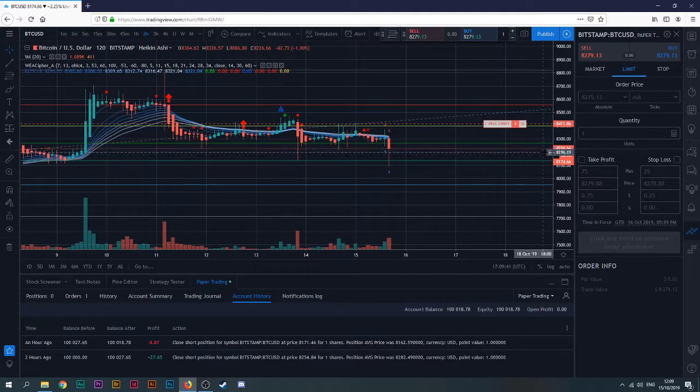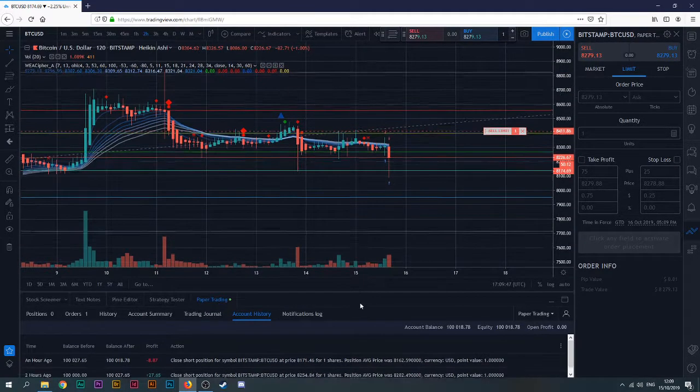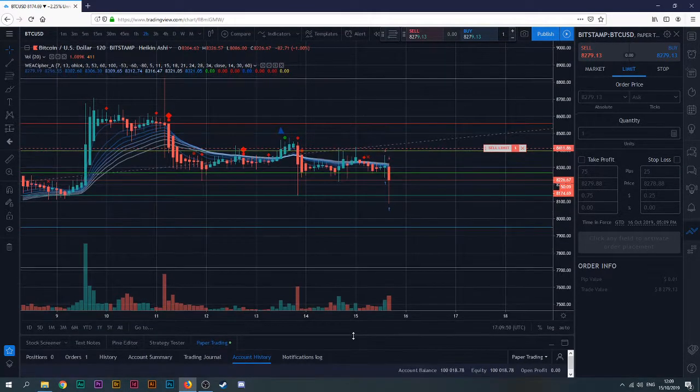Here's the current price. The price is moving up and down. Now, this chart is paper trading. You have $100,000 to trade, and I'm trading one contract right now because I'm just starting out to teach you.